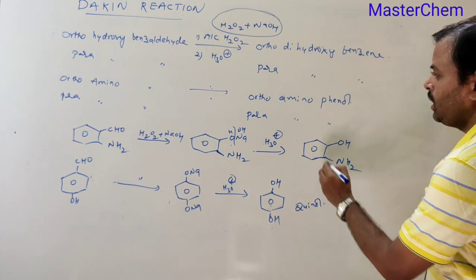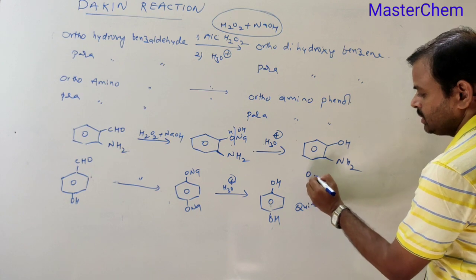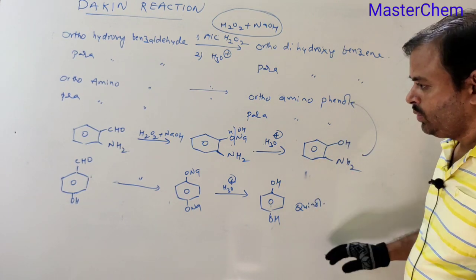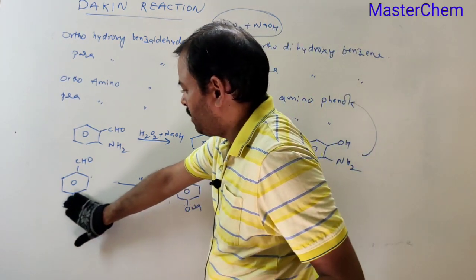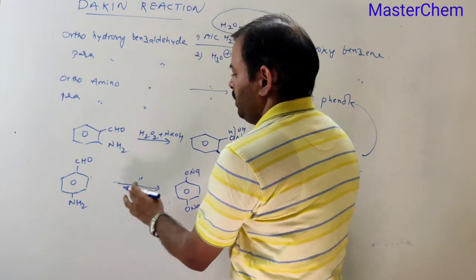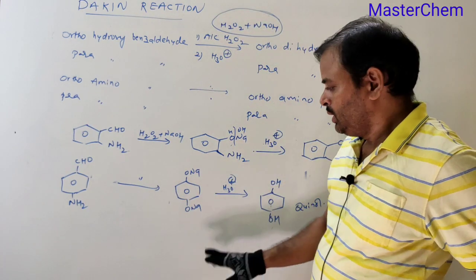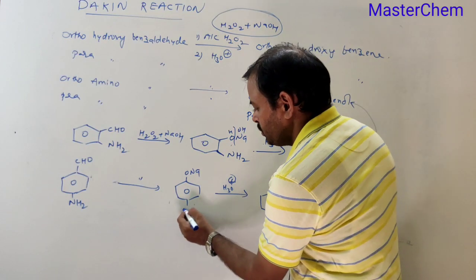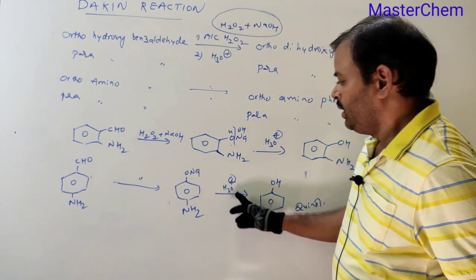What is that? Ortho-aminophenol. Now, what about the para product? Para-aminobenzaldehyde with the same conditions: CHO converts into ONa and NH2 remains as NH2.